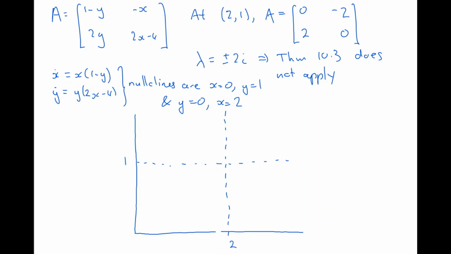On x equals 2, I must be going horizontally. And from checking the sign, you can get that I'm moving to the left here and to the right here. On y equals 1, I must be moving vertically, and it turns out by checking the sign, I'm moving down here and up here. So again, I get only limited information.